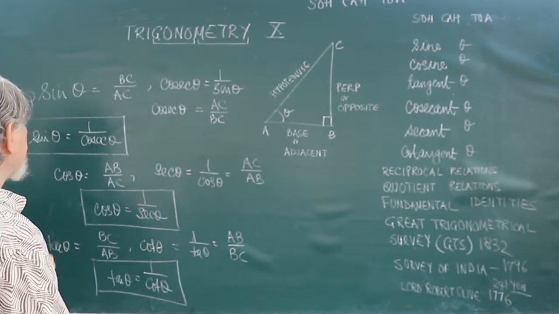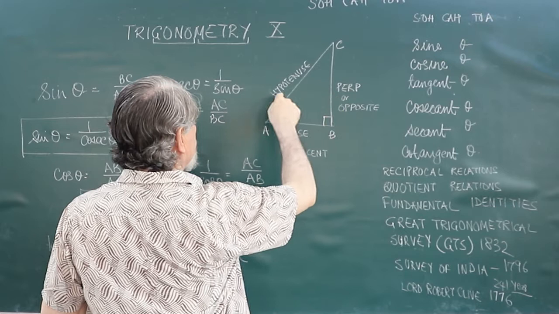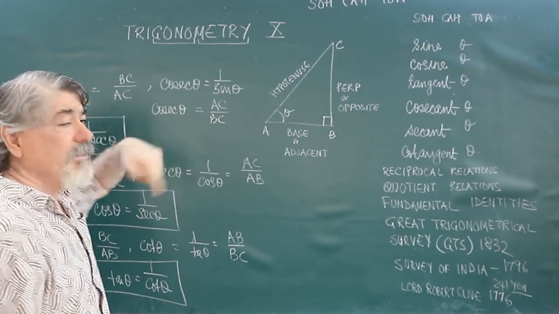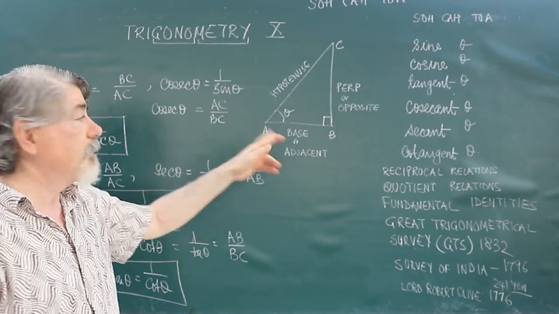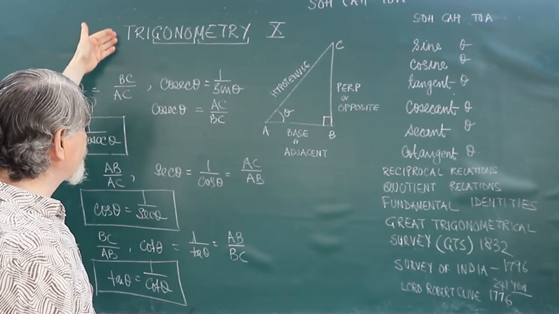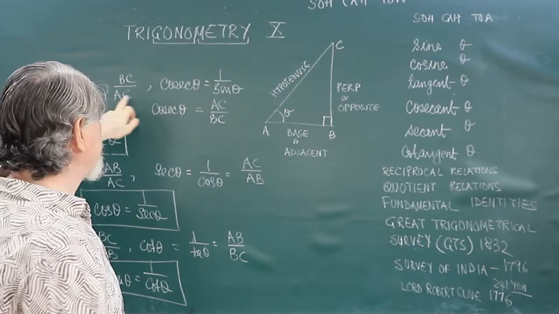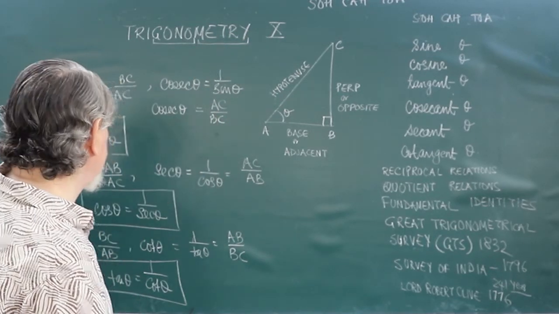So we are saying sine theta is perpendicular upon hypotenuse, so it is BC upon AC. Cosec is the opposite of sine. Cosec is 1 upon sine theta. So cosec theta will be reversing. The numerator will come down and denominator will go up. That is AC upon BC.